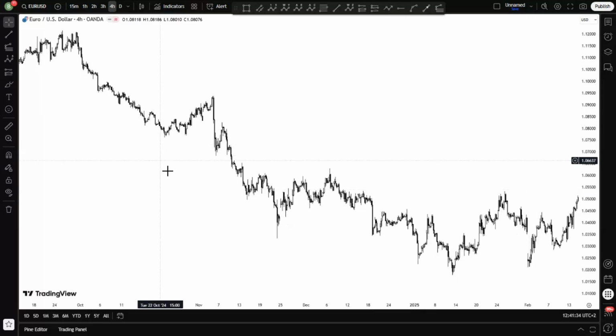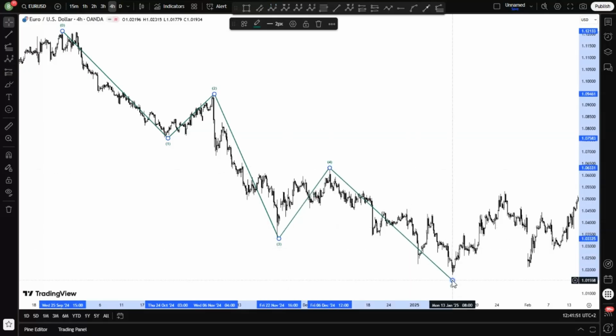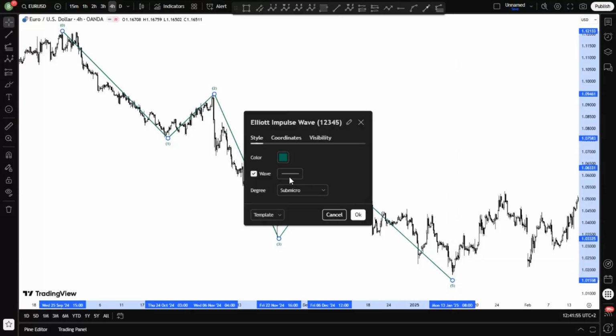So in this situation, we can see Euro USD has made a nice impulse move of wave 1, wave 2, wave 3, wave 4, and then we have our wave 5.